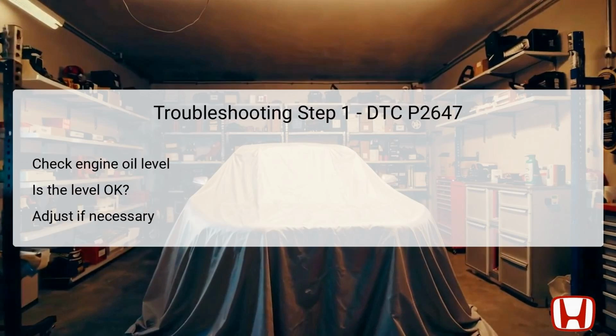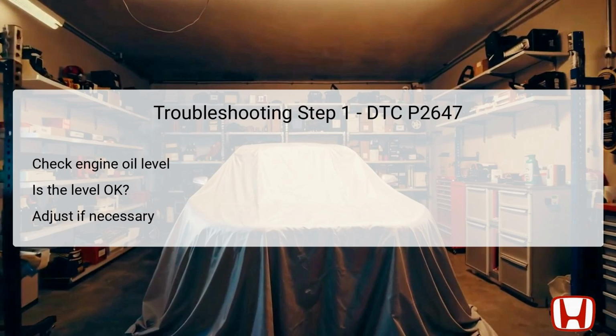The first step in troubleshooting DTC P2647 involves checking the engine oil level to ensure it's within the manufacturer's specifications. Low oil can directly affect the oil pressure readings and the operation of the rocker arm oil pressure switch. To perform this check, allow the engine to cool down, then remove the dipstick, wipe it clean, and insert it back into the tube.